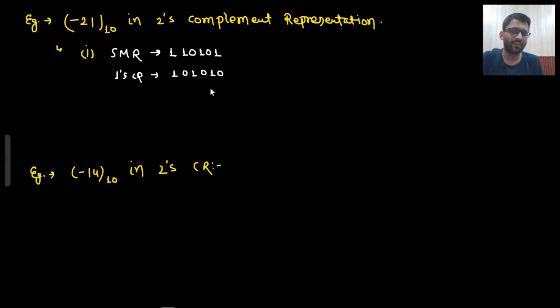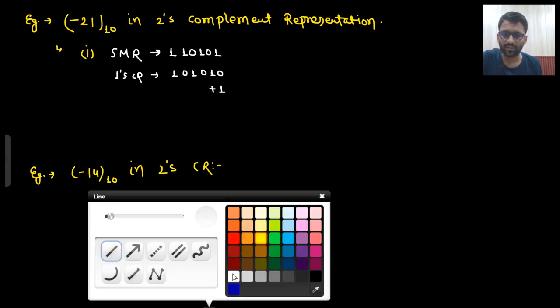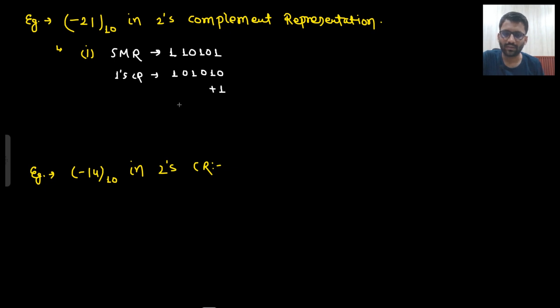Now what did I tell you? After 1's complement you need to add 1. If you add 1, this answer will give you the 2's complement. So 1 plus 0 is 1, 1, 0, 1, 0, 1. So that's the answer, which is my 2's complement representation.